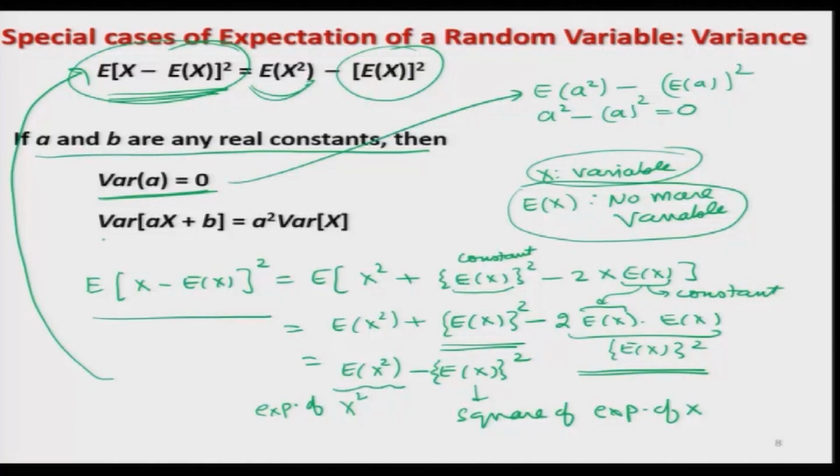Similarly, another property of variance is that the variance of a x plus b, that is the linear function, is going to be a square times the variance of x, right. When you find the expectation of a x, it is a times the expected value of x, because a is a constant. But if you find the variance of a x, it is going to be a square times the variance of x.